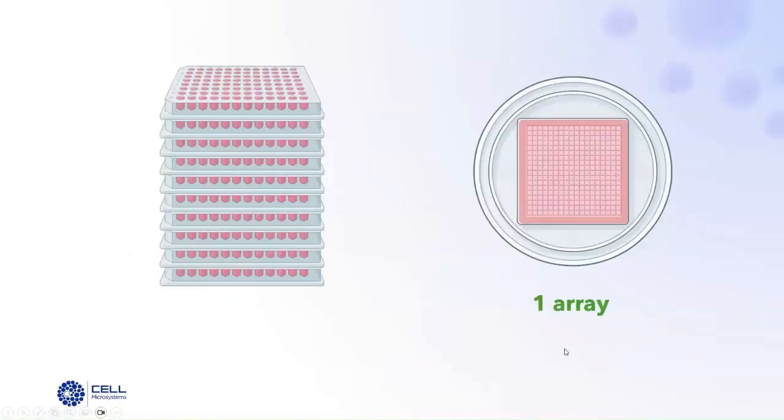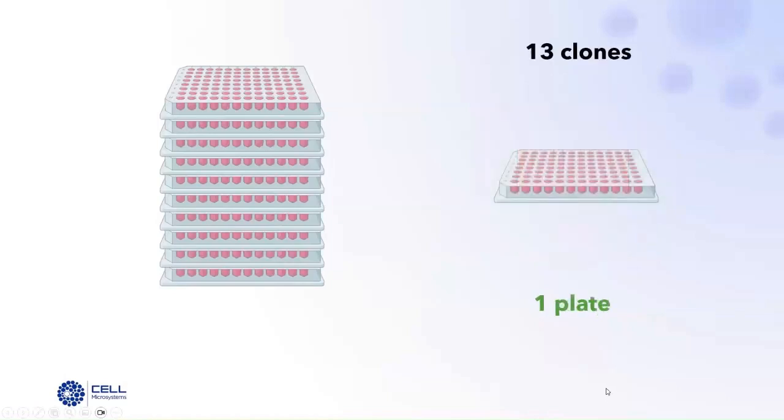So to put this in terms of that stack of plates I showed you at the beginning, in a single CellRaft array, we were able to identify 13 antibody-expressing clones, which is only 2 columns of a 96-well plate. If we were going to use the numbers I just showed you to extrapolate to how many wells of 96-well plates we would need to recover, this translates into 16 96-well plates to get only 1 clone.